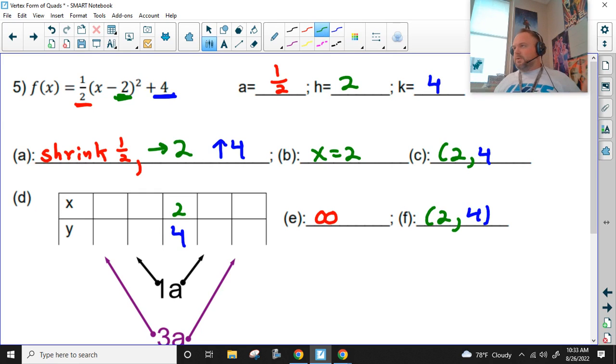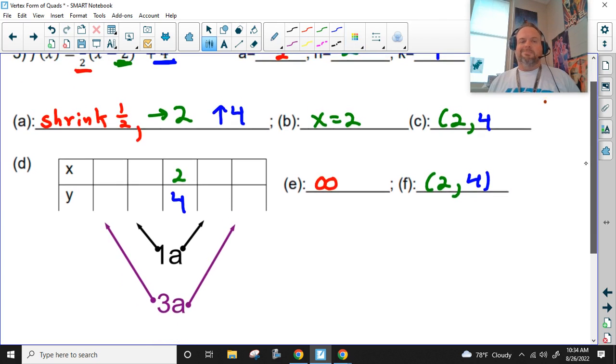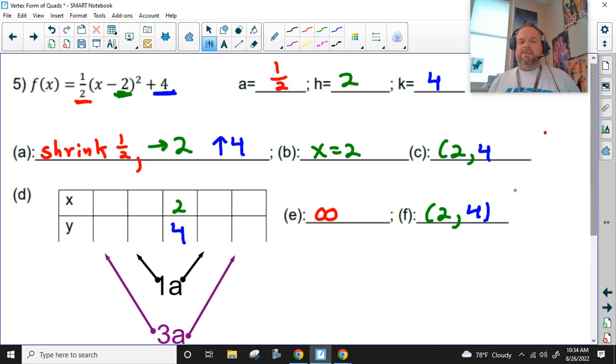Before we start finding our y values, I'm going to let some of y'all catch up. Let's see if I can do a better job at explaining how we get these x values. If this is 2 on the number line, what number comes after 2? And then what number comes after 3?